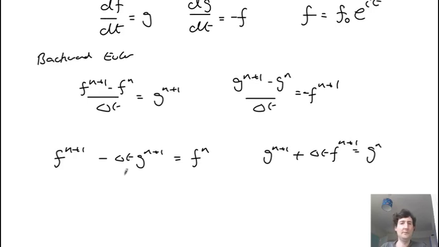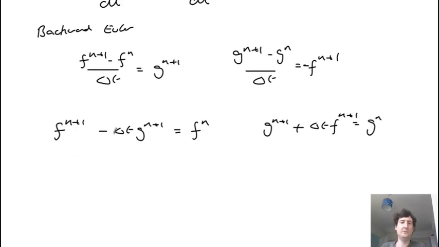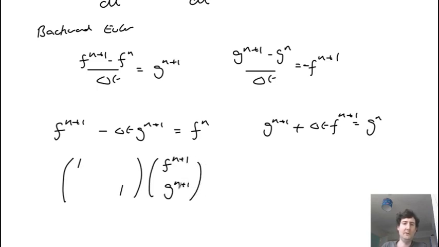And this of course is just a matrix equation, a set of linear equations in this case. So we can write this whole thing in terms of a matrix. Here we're going to put fn plus 1 and gn plus 1. This first equation is fn plus 1, then we have a minus delta t for the gn plus 1, and that's equal to fn.